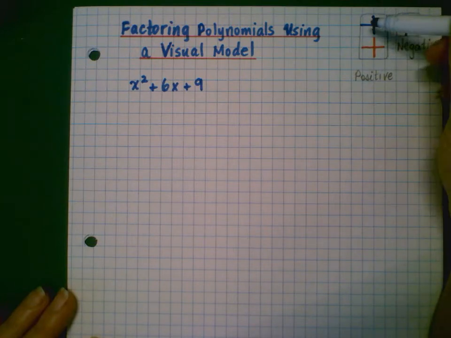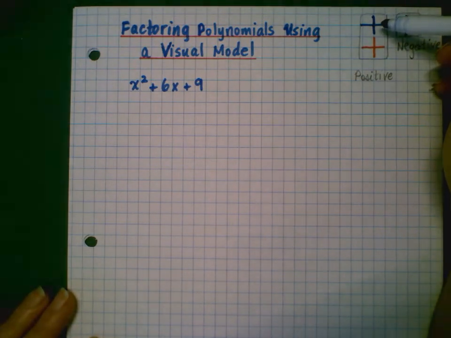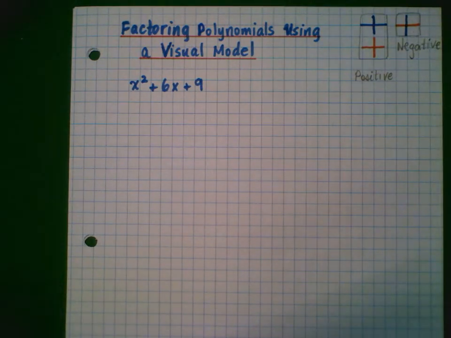Anytime I have 2 of the same color intersecting in my model, that indicates a positive value, whether those are 2 of the blue or 2 of the red. If I have 2 colors that are not the same intersecting, that's going to represent a negative value.